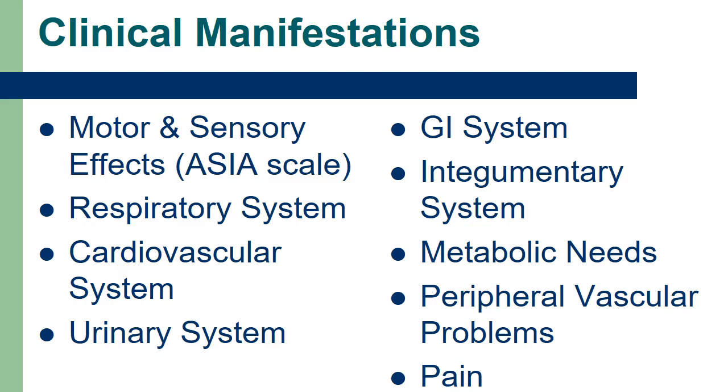There are many clinical manifestations, many different body systems that are affected when somebody has a spinal cord injury. Your book has a really nice chart in it. This edition of Lewis happens to be on page 1423. I would definitely get to know that table very, very well. It is really important that you understand what a cervical injury looks like, a high cervical injury compared to a middle or a lower cervical injury compared to a thoracic injury and lower.